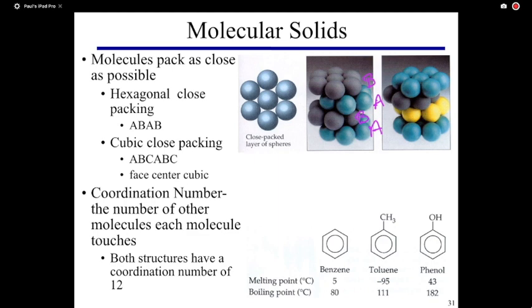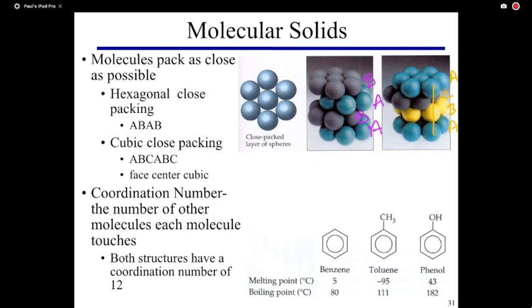Here, I have a level A, then I have a level B, then I have a level C, and then A lines up perfectly where A was before, and you repeat the pattern A, B, C, A, B, C, A, B, C. This is as close as you can get molecules together when they pack.